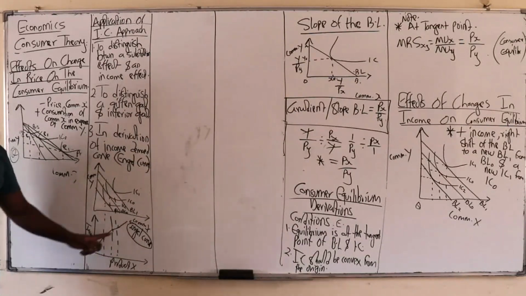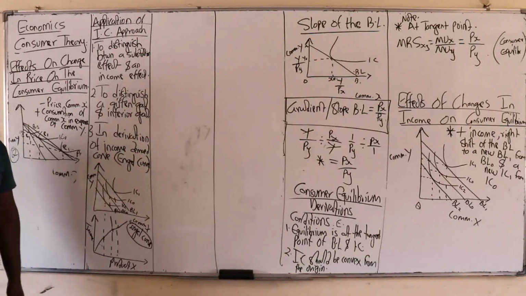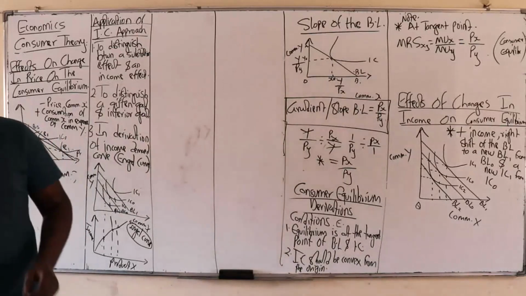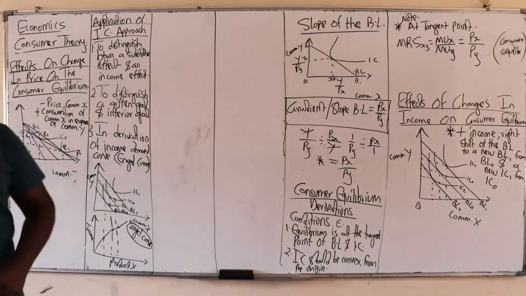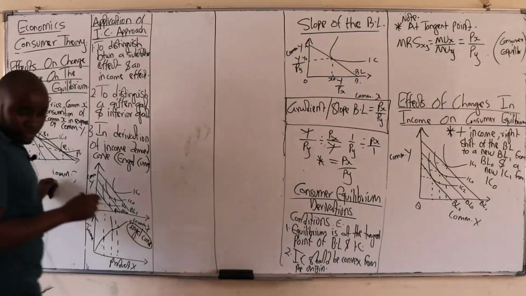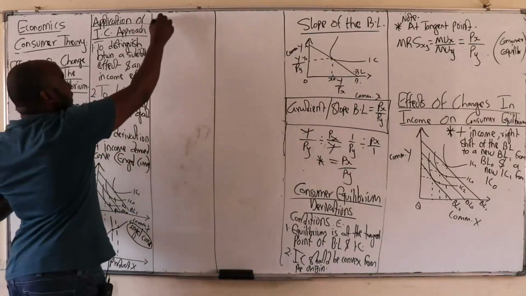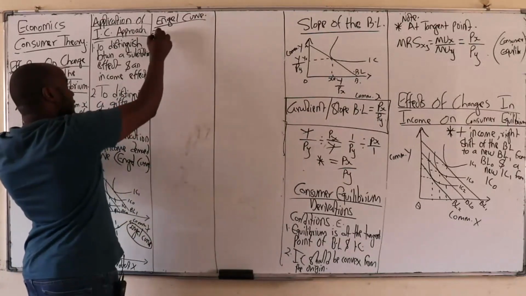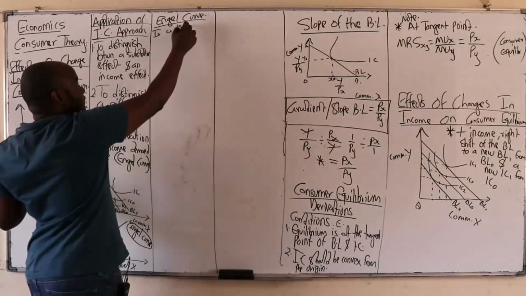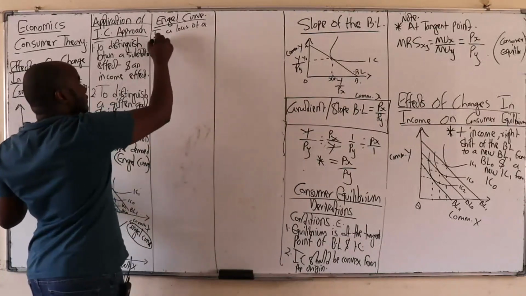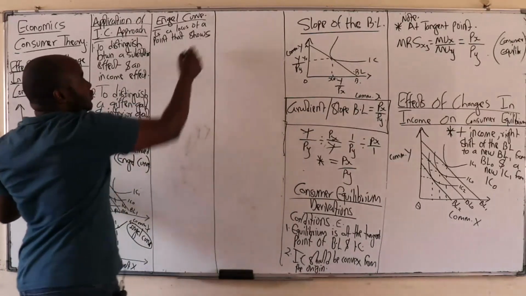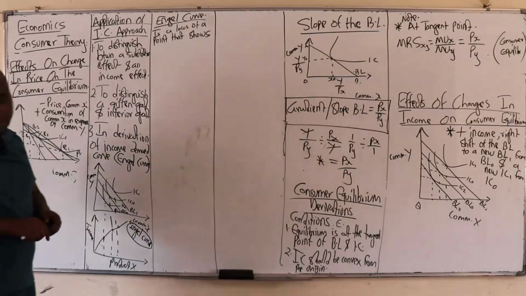So what's an Engel curve? An Engel curve is a locus of points that shows the relationship between the quantities purchased and the total expenditure.